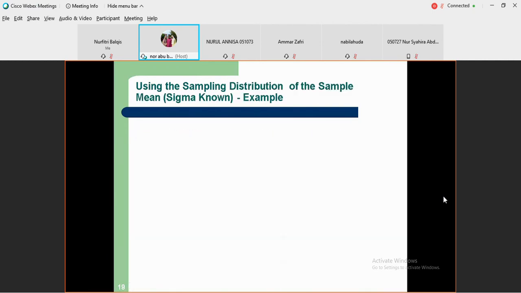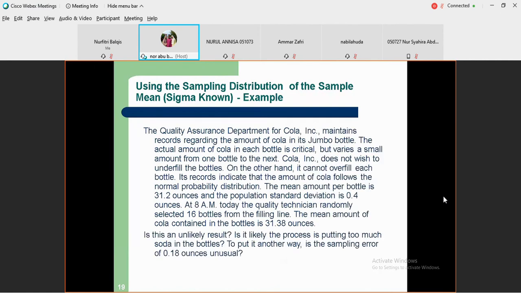Okay, have a look. Quickly. Quality assurance department for Cola maintains records regarding the amount of cola in its jumbo bottle. Now the jumbo bottle, of course, when the machine fills the bottle, there will be some variation.